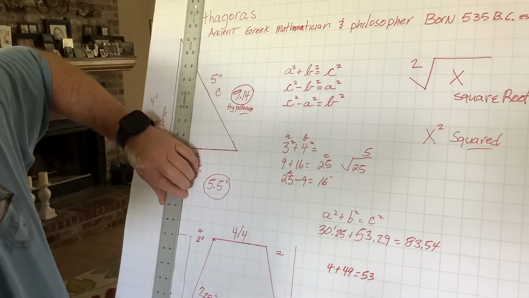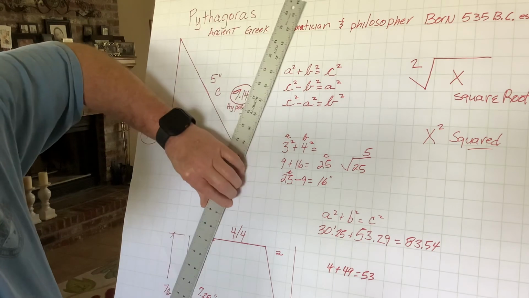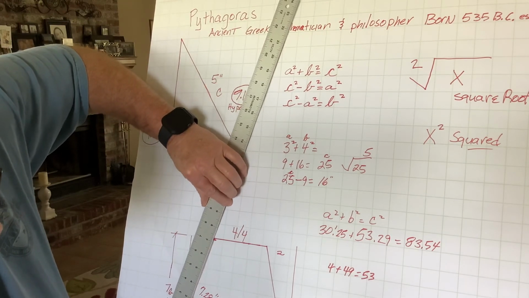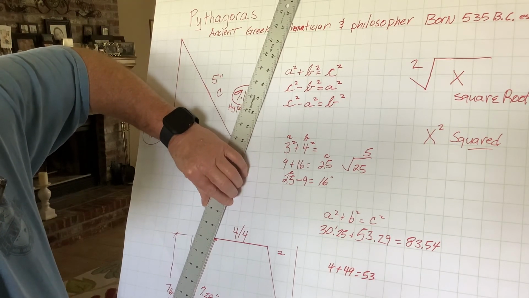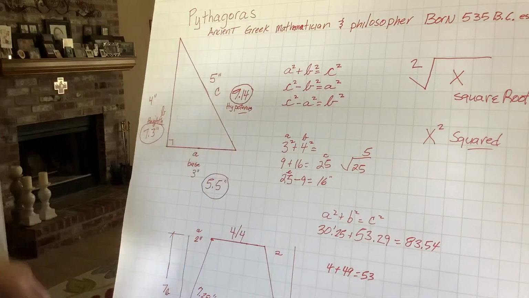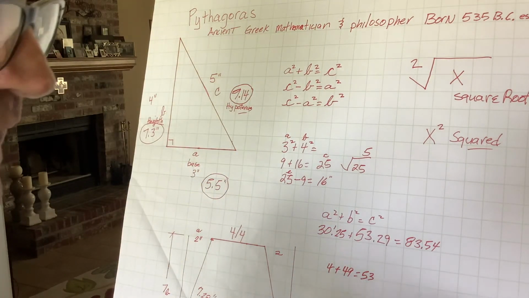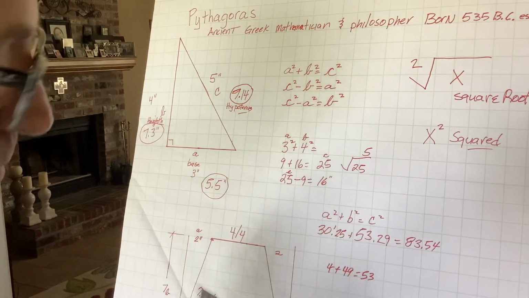Okay, as you can see, that distance there is right at 7. As we slope that down, it went to 7.25. Now what that does is it saves you from having to lay it out and then put a tape measure on it every time. We can do it mathematically.